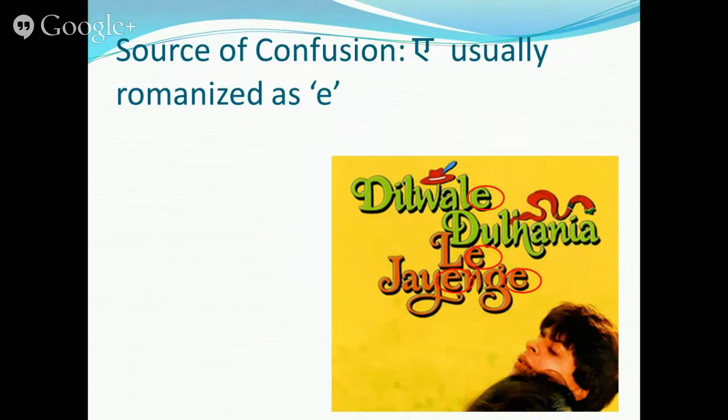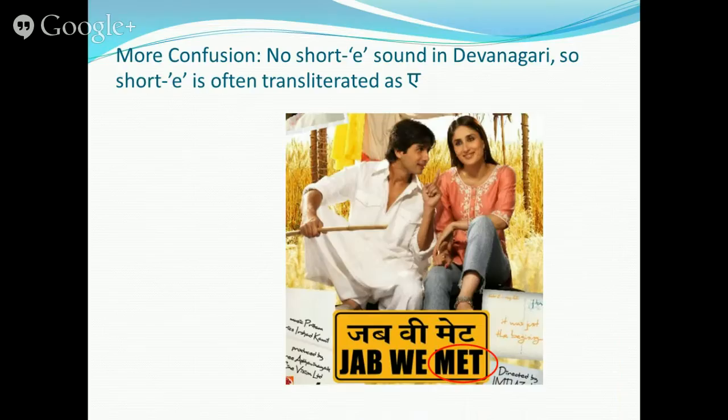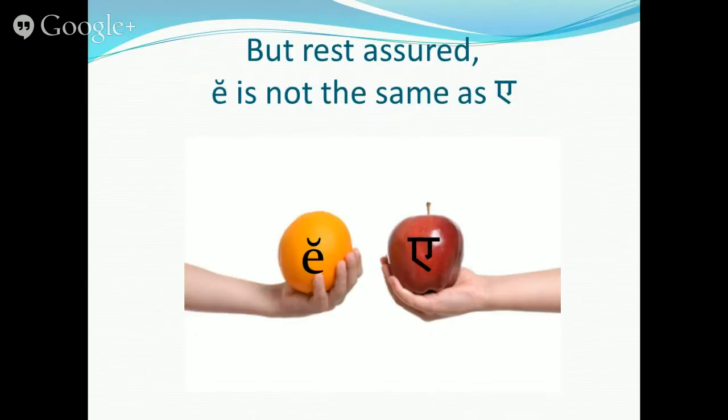Not only is A romanized as E, but in addition, whenever an English word goes into Hindi, because we have no symbol to represent the short E, we had to use something, and more often than not, they choose A. However, rest assured, it is not the same as A.